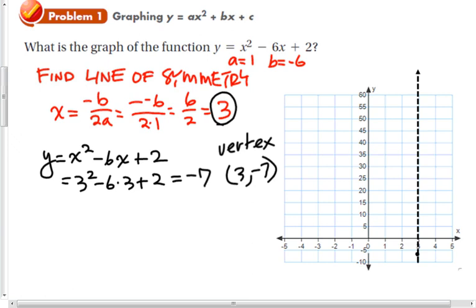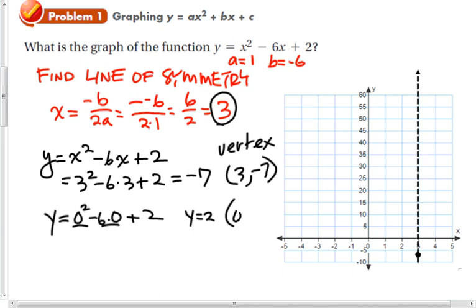That's right about there. Okay, now I need another point, and one fairly easy point to get is the value of y when x is 0, which is the y-intercept. So what I'm doing is just substituting 0 in for x. So I'm doing 0 squared minus 6 times 0 plus 2. But that, of course, is 0, and that's 0, so it's just y equals 2.